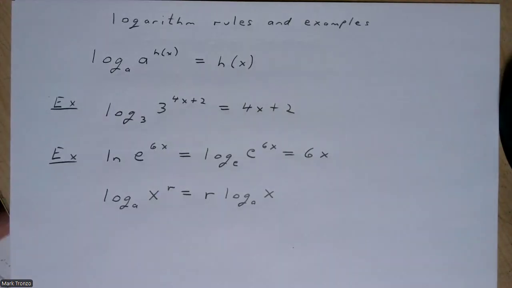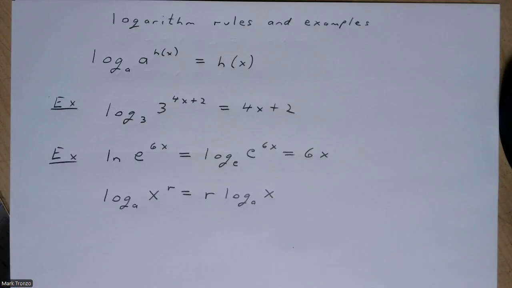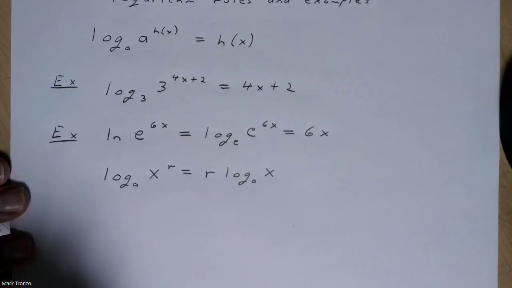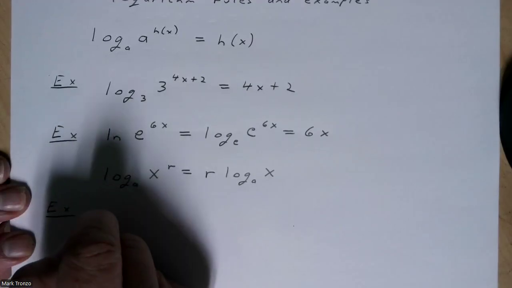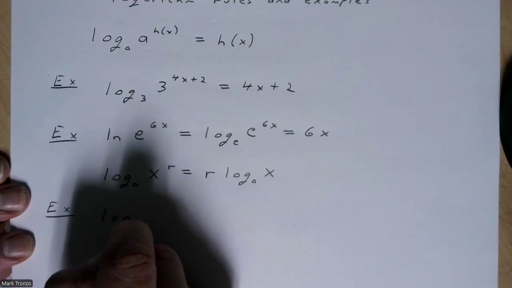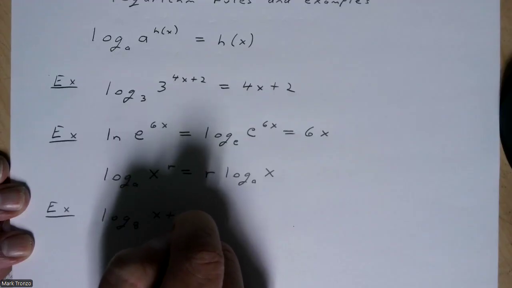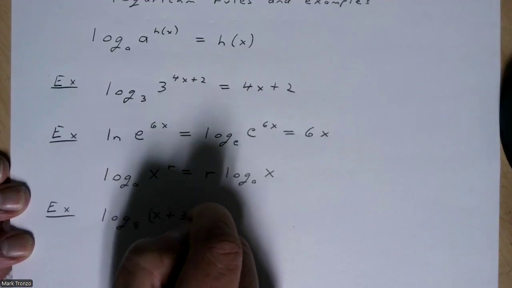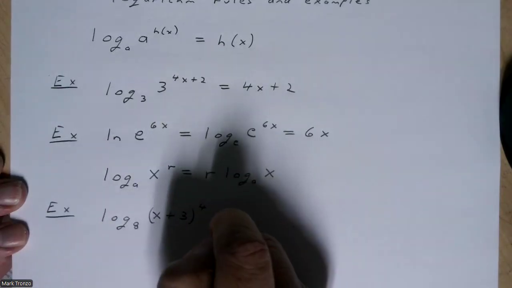So you can always bring this exponent in front. So for example, if you have something like log to the base 8 of x plus 3 to the 4th, you can always bring that 4 forward.